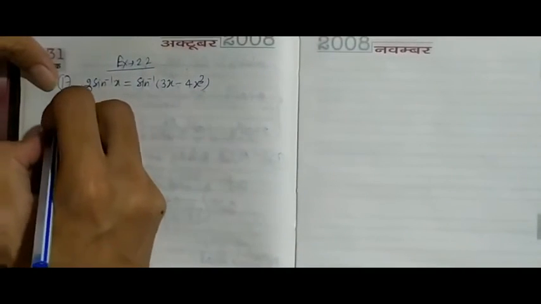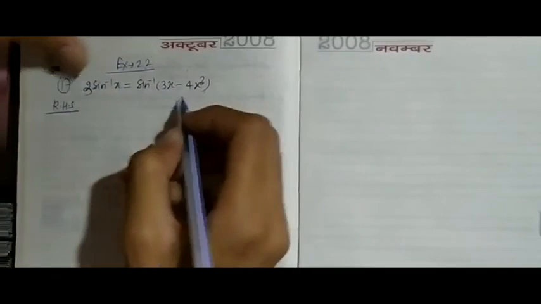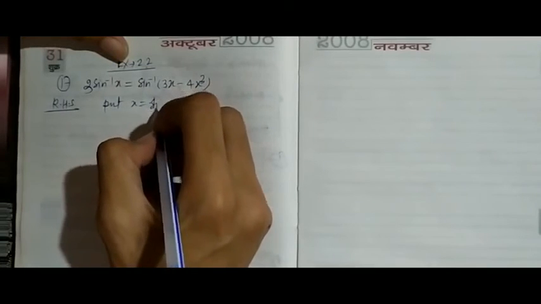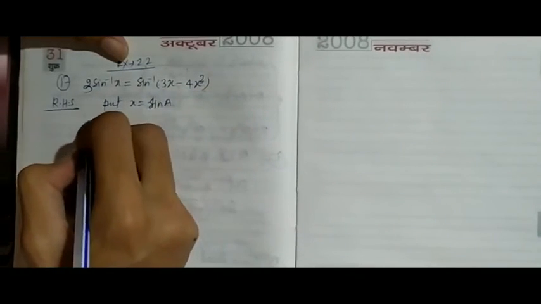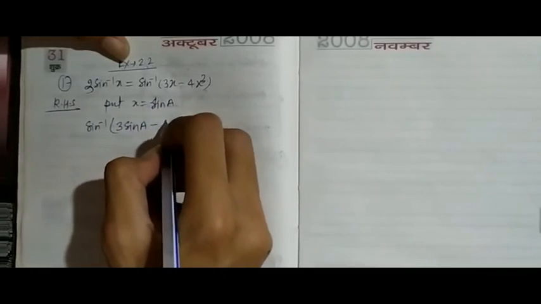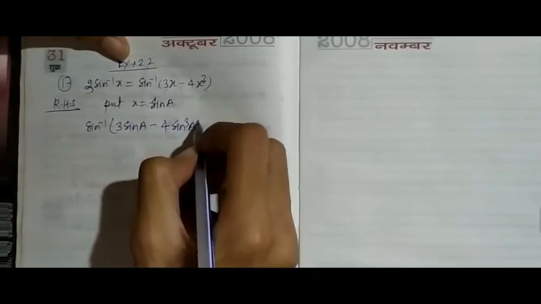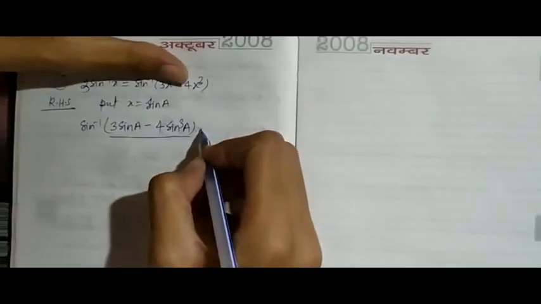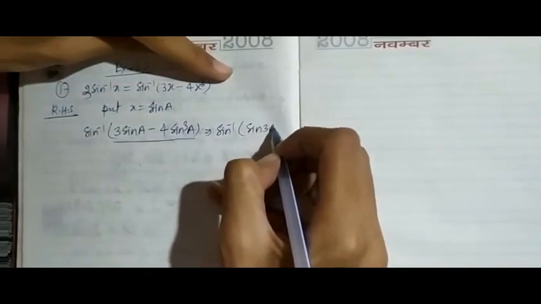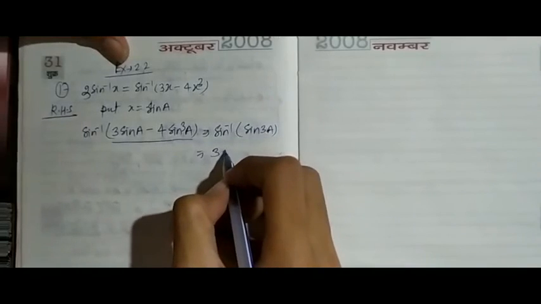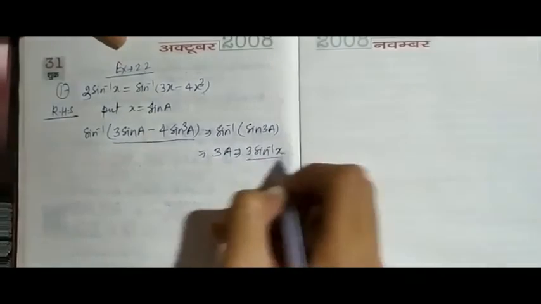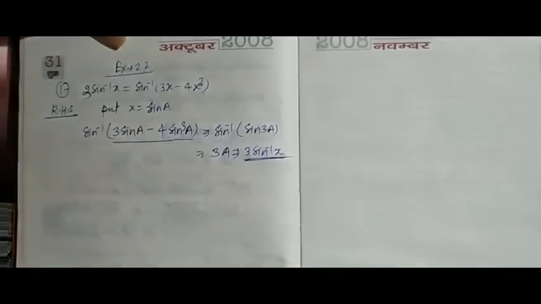So take the right hand side of this equation, put x equal to sin a, then you can write sin inverse of 3 sin a minus 4 sin cube a. This identity can be written in the form of sin 3a, then sin inverse sin 3a becomes 3a, then you can write 3 sin inverse x. This is the required result.